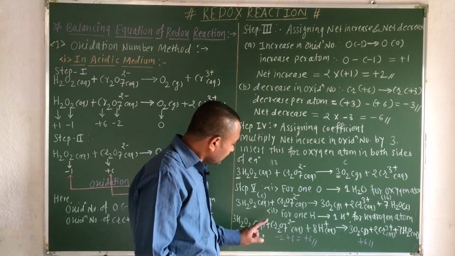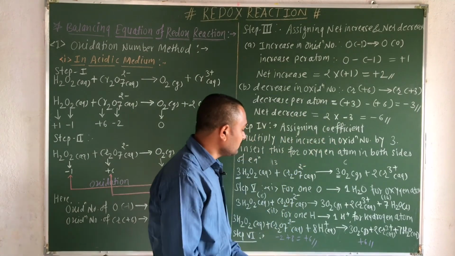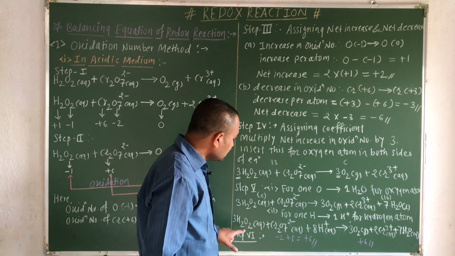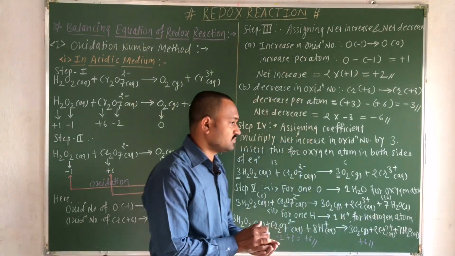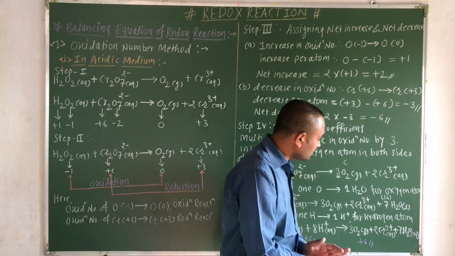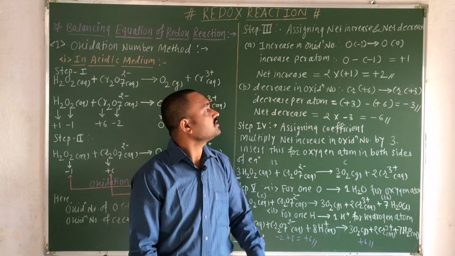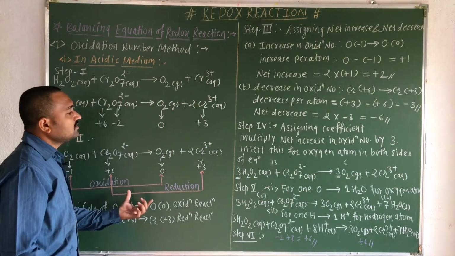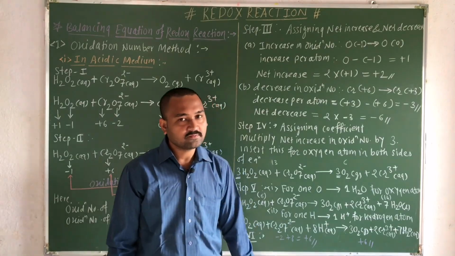So you have to write down the same equation in step number 6, and write one simple statement: this equation is balanced with respect to atoms as well as charges. As we know, on the left hand side there is a plus 6 charge, on the right hand side there is a plus 6 charge. So this is a simple procedure for balancing your redox reaction in acidic medium.